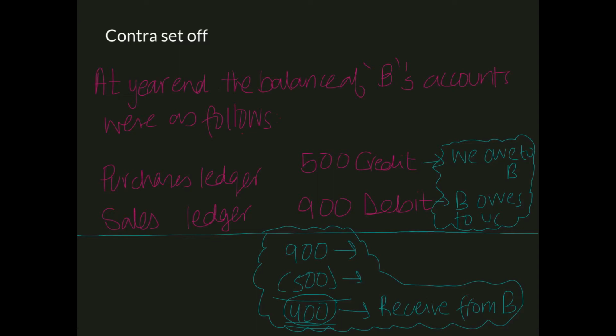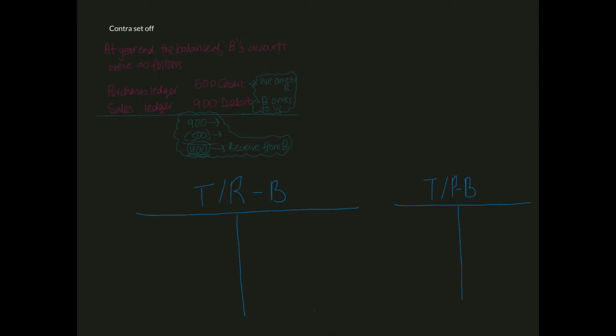But how do we show this in the sales ledger and purchase ledger control accounts? Here is the debtor, the trade receivables account for B, and the creditor or trade payable account for B. These are the individual accounts.